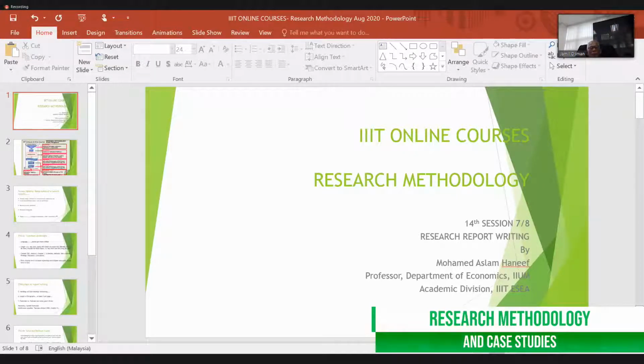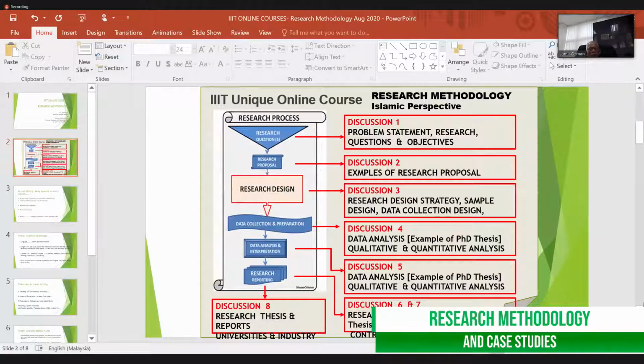But I will be focusing much more on thesis writing, because when I received the slides that were done by Haji Shaaya, I really feel it's a very comprehensive process, and the different stages which you all have gone through. So I am actually just coming in at the end to talk about report writing.